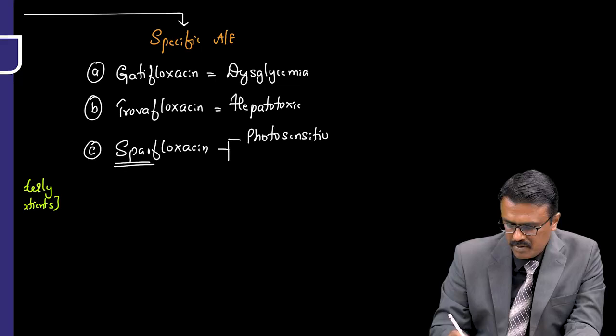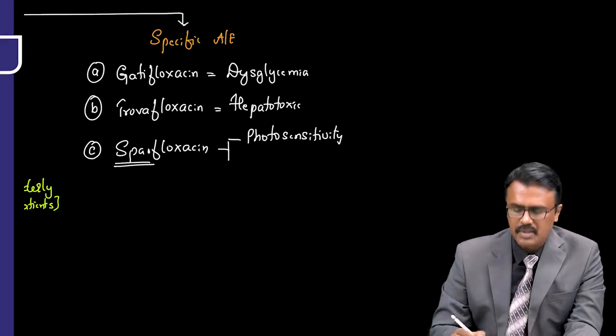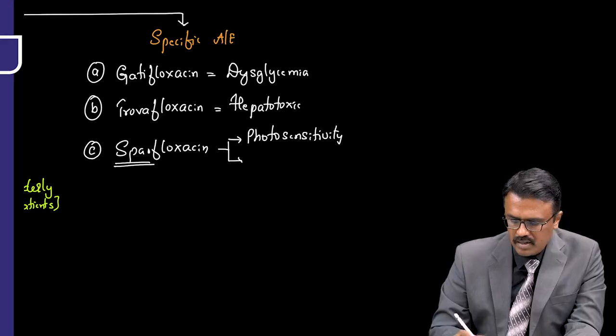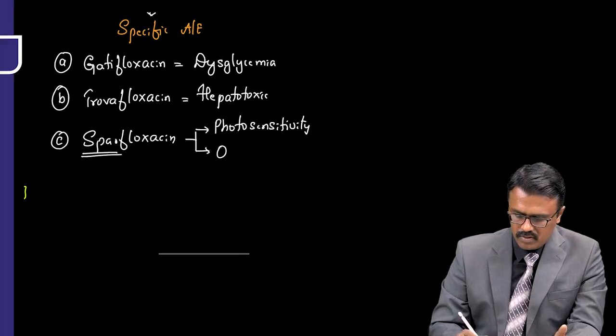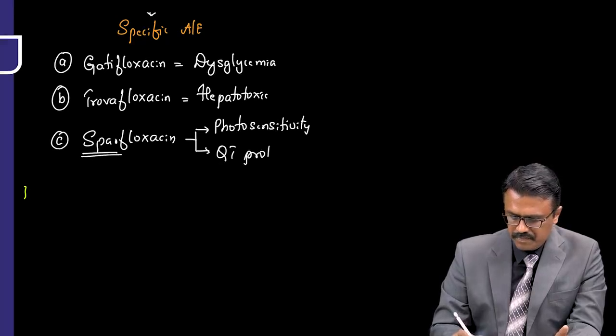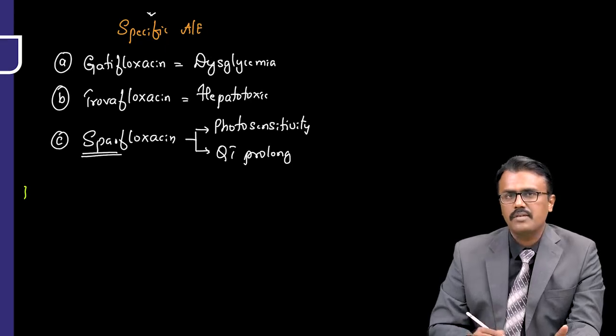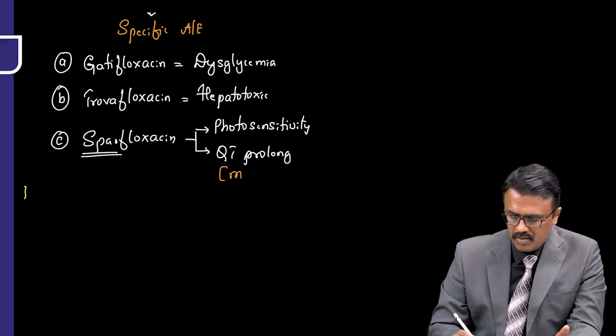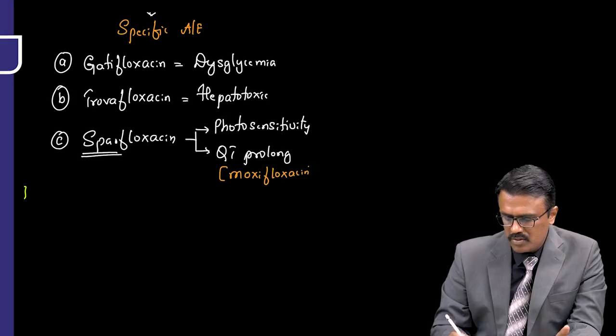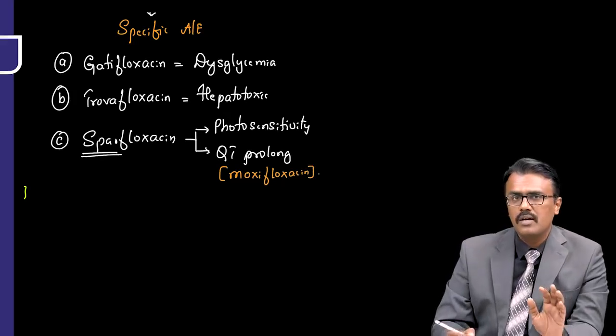And when you see a spark, your heart will beat faster, so it can cause QT prolongation. Now tell me, which anti-TB drug is also known to produce that? Moxifloxacin is also associated with QT prolongation.